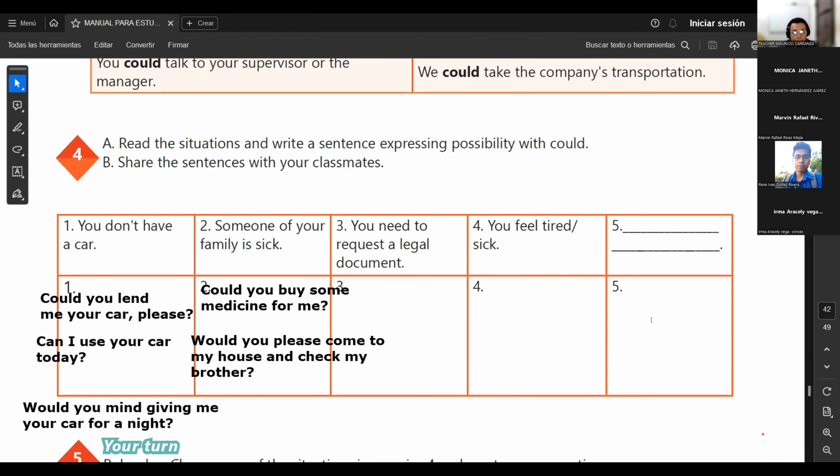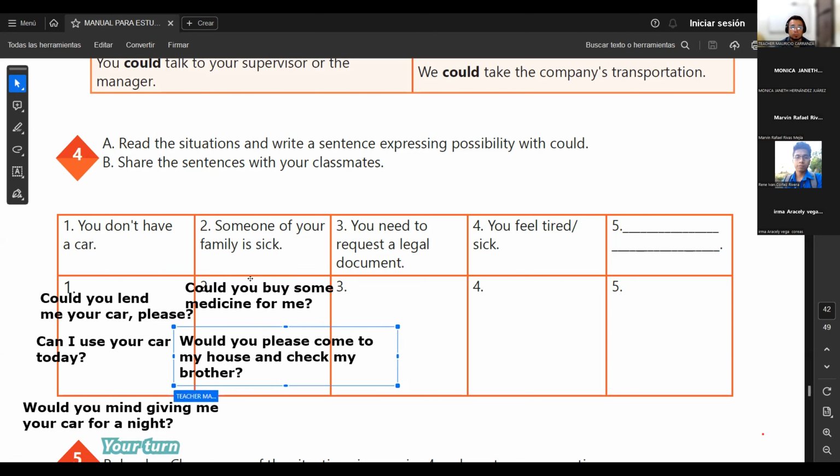Now it says 4, you need to request a legal document to a lawyer or, I don't know, a delegate. How could it be?